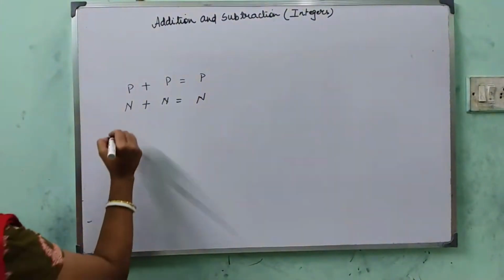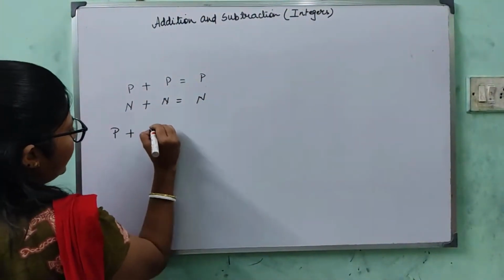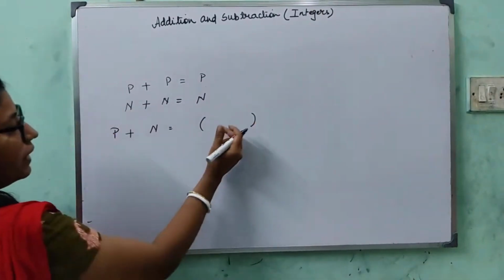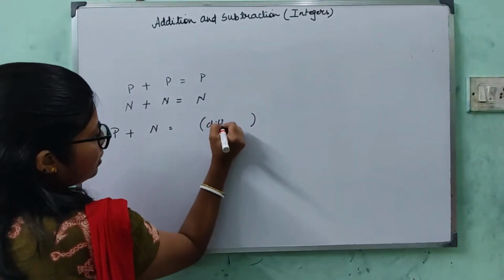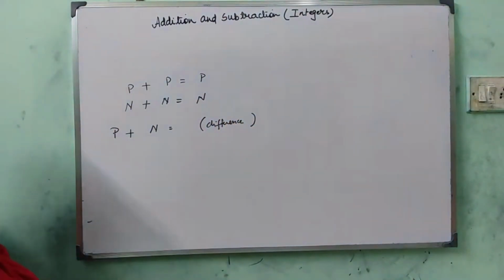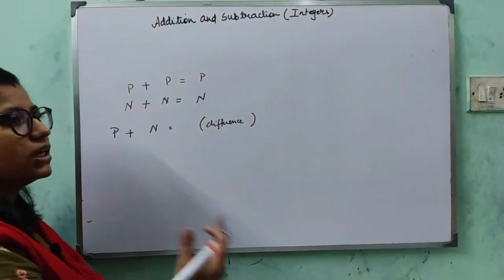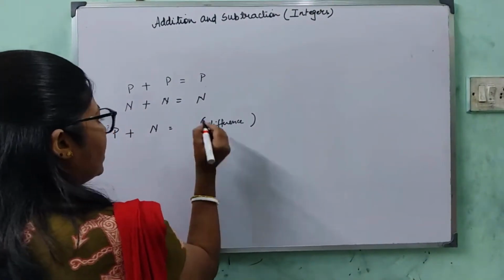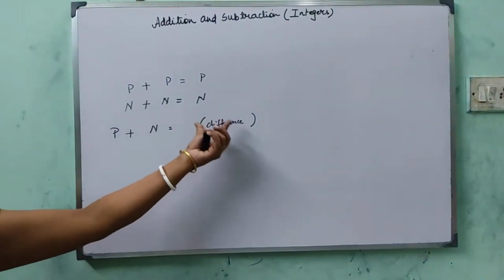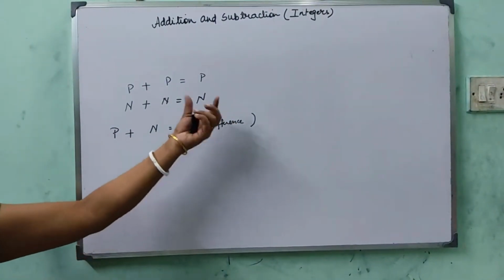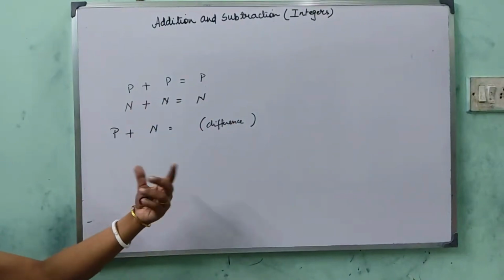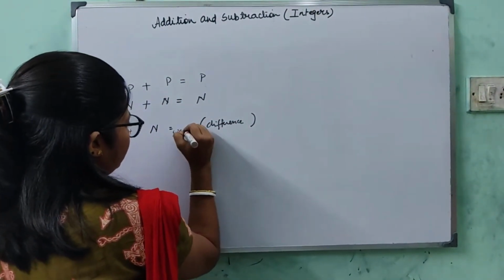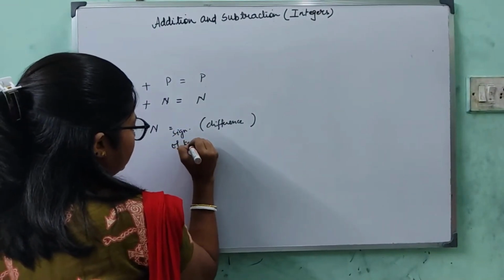Now, whenever I am adding a positive integer and a negative integer, what do we do? We will find out the difference of the two numbers without thinking of the sign. We find out the difference, and here the sign will be what? In that particular difference which we did, what was the sign of the first integer? So here I am writing: sign of first integer.